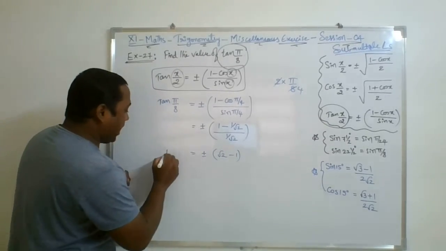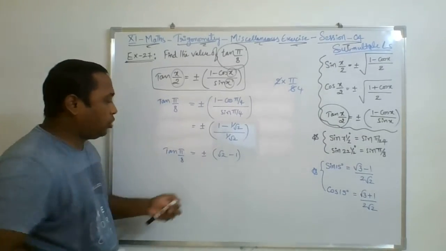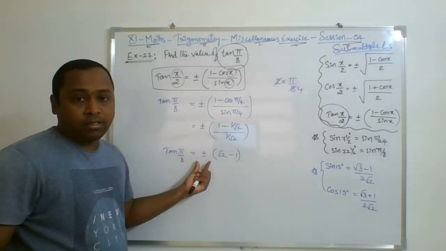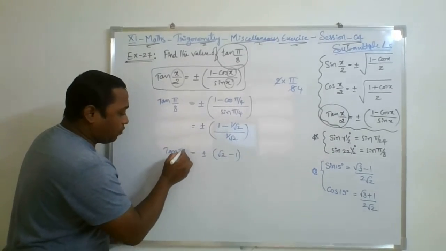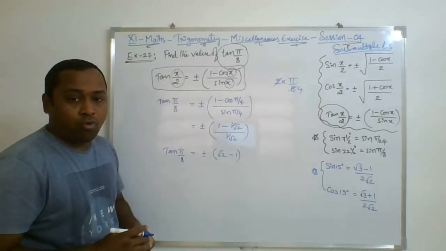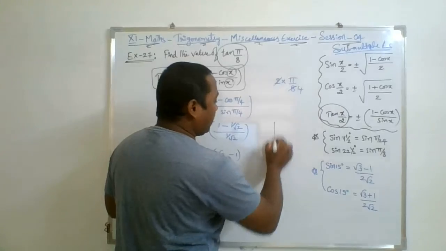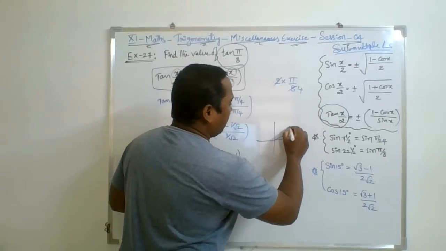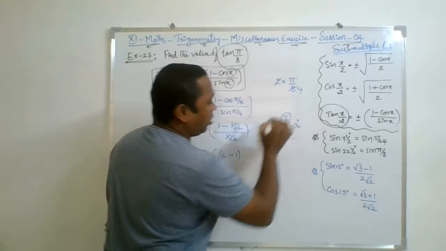But one question remains at the end: which sign should be taken, plus or minus? Pi by 8 is 22 and a half degrees, which lies in the first quadrant.